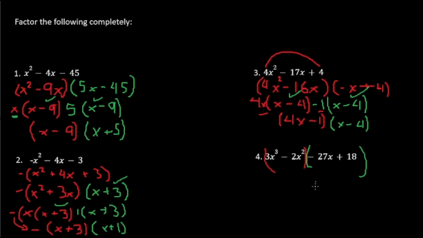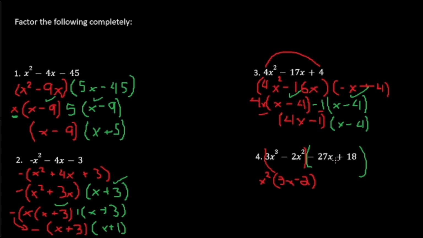So this is just going to be 3x cubed minus 2x squared. So again, we're going to take out the GCF, which is in this case x squared, and then this will be 3x minus 2.